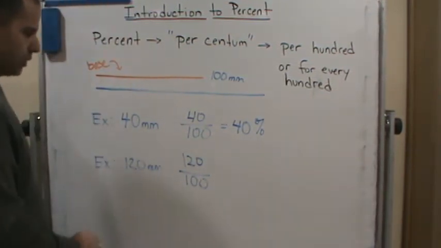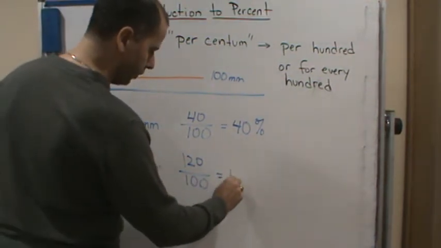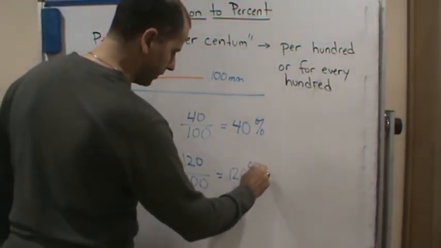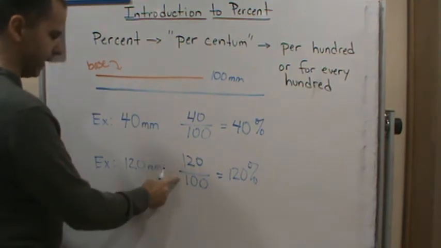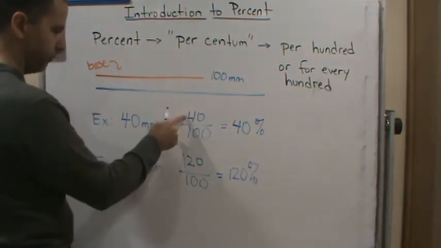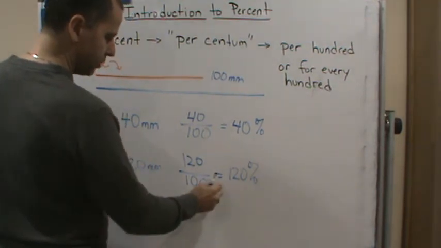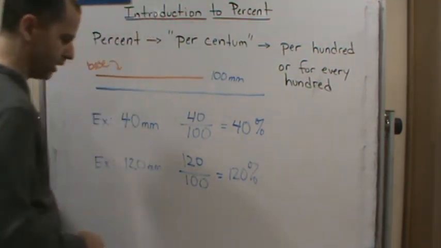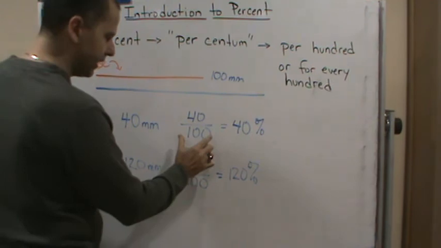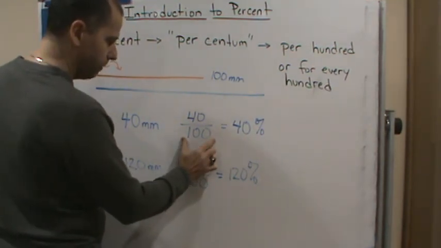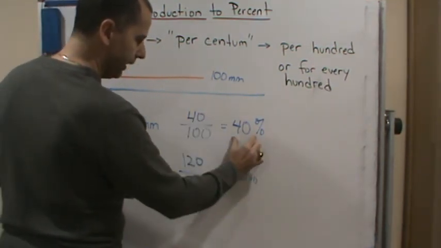Okay? Which means that this is equal to 120%, right? Because we're setting it up as per 100. So anything over 100, we just take the numerator and add a percent.